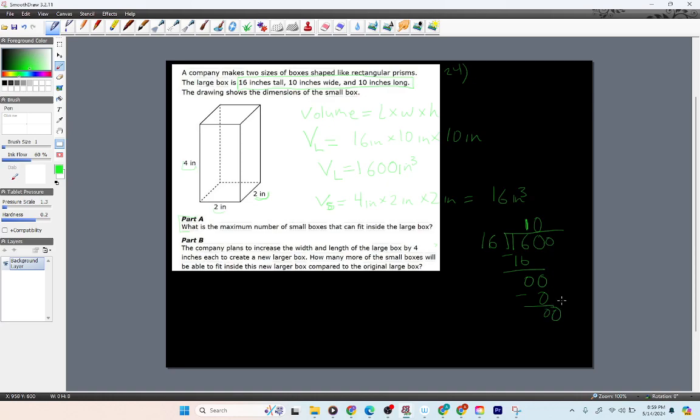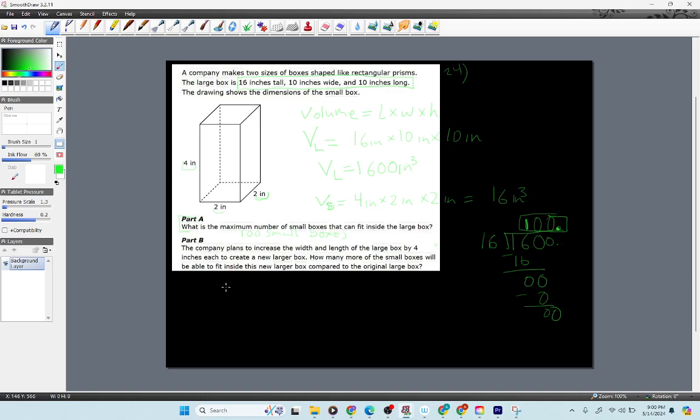Bring down the next 0, the last 0. 16 goes into that 0 times also. And for me personally, whenever I end up having a lot of zeros, I always just make sure that I did it right. Let me make sure 16 times 100 is 1600. Yeah, 1600. Yes, that's correct. 1,600 divided by 16 is 100. So that's our part A. 100 small boxes.